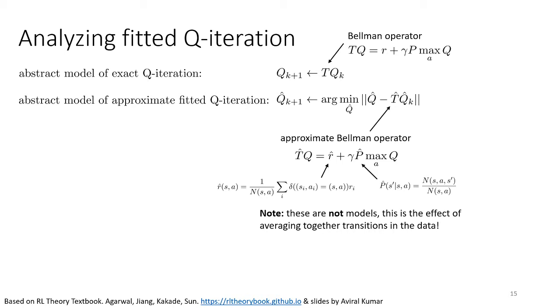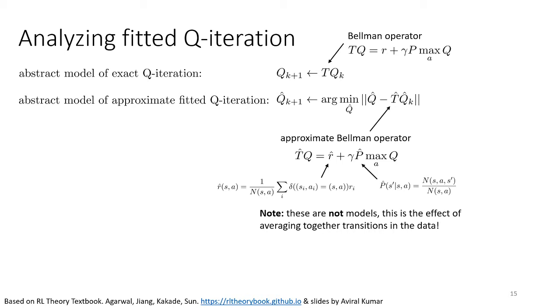For every sample, we would have something like Q(s_i, a_i) minus r_i plus gamma max over a' of Q(s_i', a'), squared, or some other difference, maybe not squared, maybe absolute value, and we would average them all together. So what we're doing in this idealized model is we're basically saying that the effect of averaging together these different losses kind of looks like doing a backup under this empirical model. So P hat and R hat are basically empirical models of the reward and transitions.